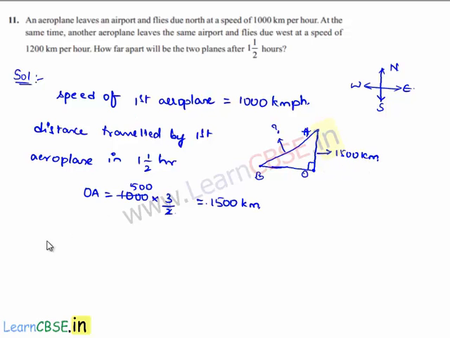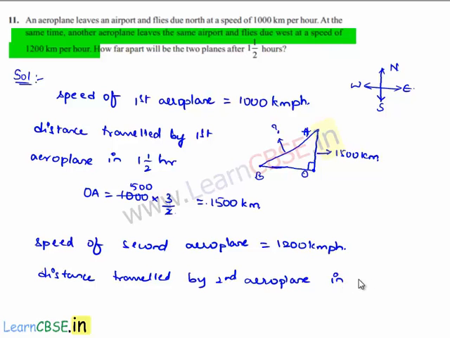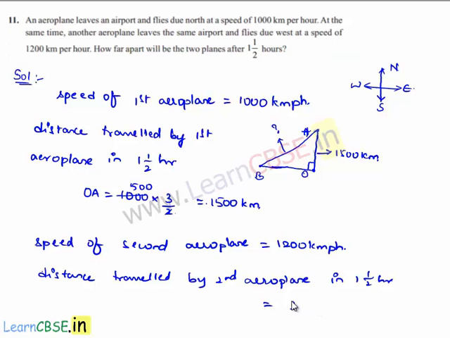Now similarly, the speed of the second aeroplane is 1200 km per hour, and let us calculate the distance travelled by the second aeroplane in 1.5 hours, which is equal to 3/2 times 1200 km per hour.